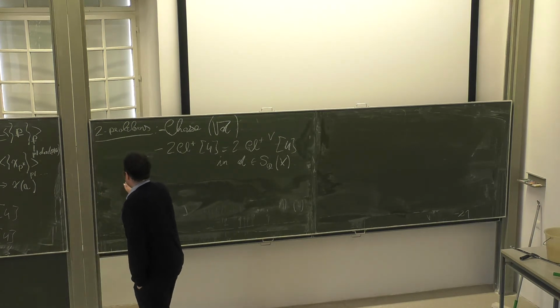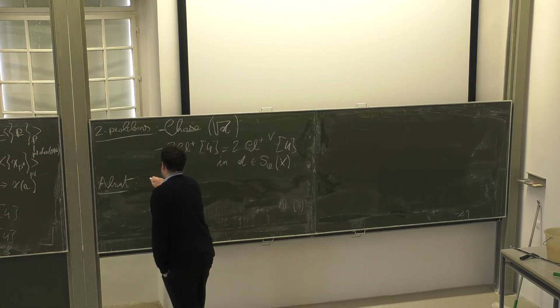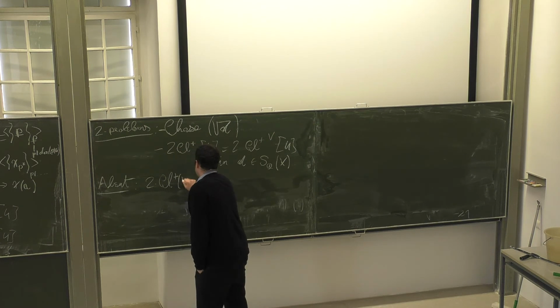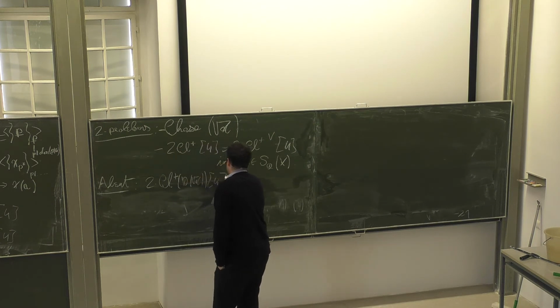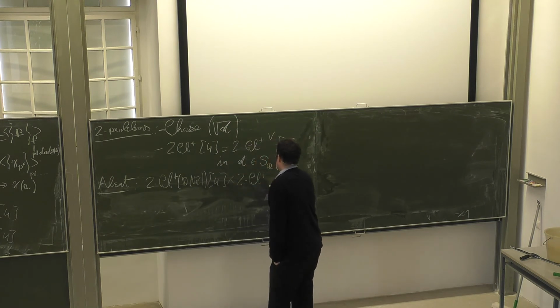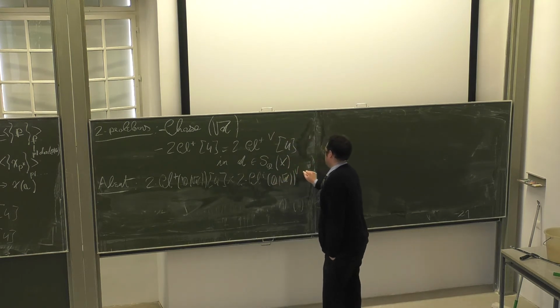So I'm going to explain something about, and then I can say how the story goes on. 2 class plus Q root D, 4. So this is the next pairing. 2 class Q root D. Dual 4 in F2.